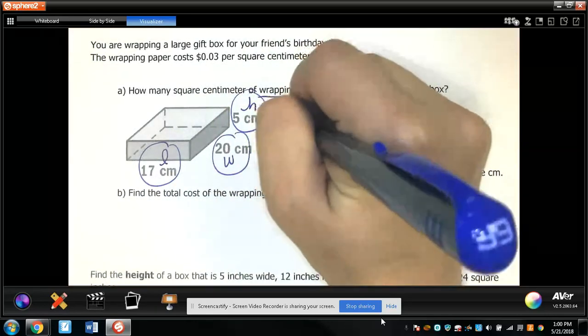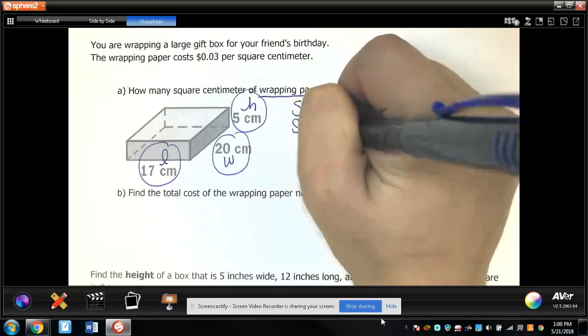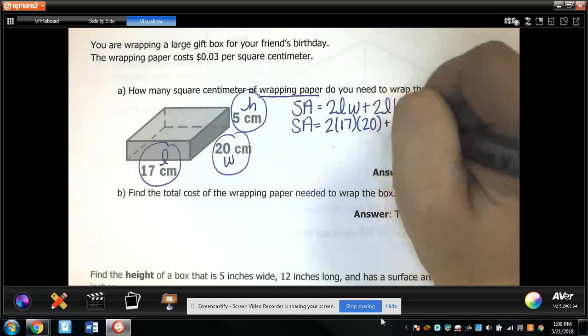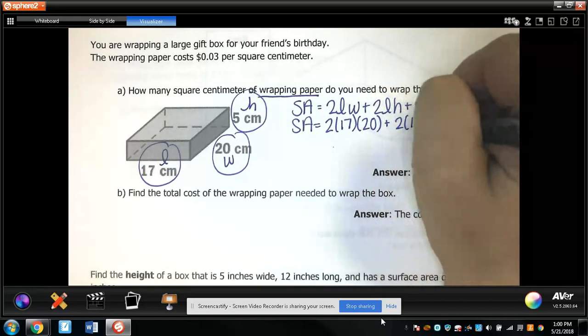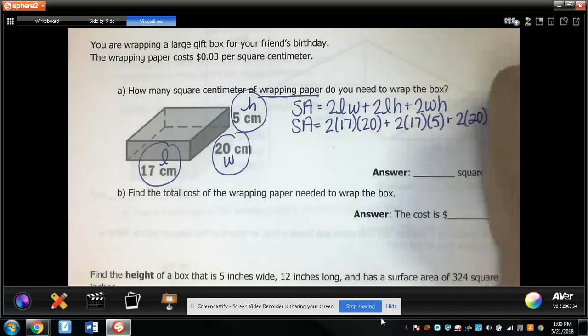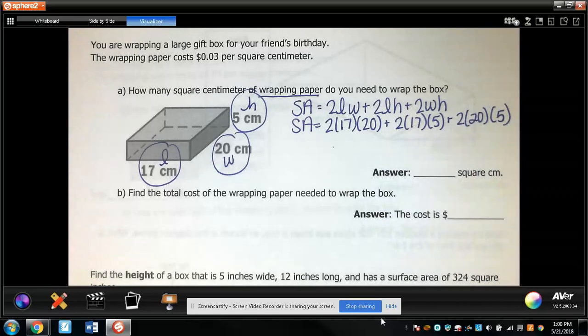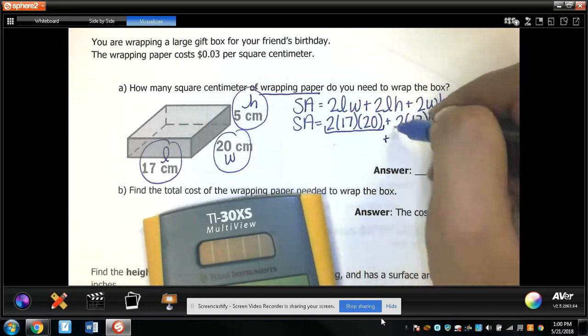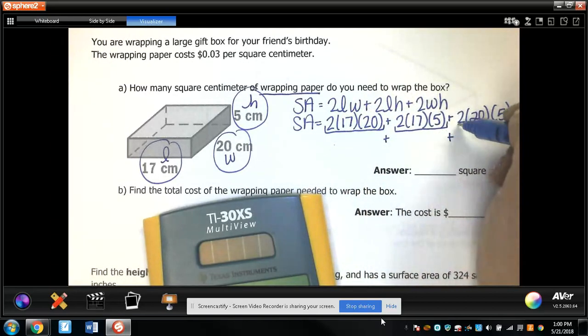So surface area is 2 times 17 times 20 plus 2 times 17 times 5 plus 2 times 20 times 5. Now, you pick up your calculator and you're going to multiply these, plus you're going to multiply these, plus you're going to multiply these.